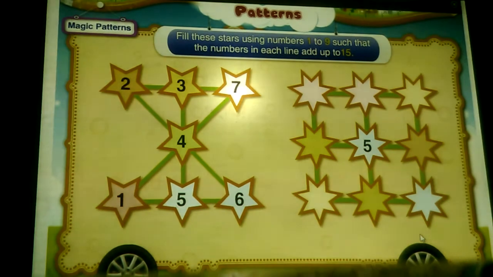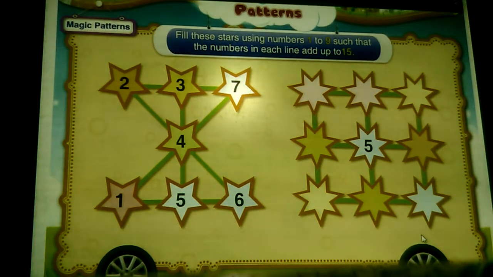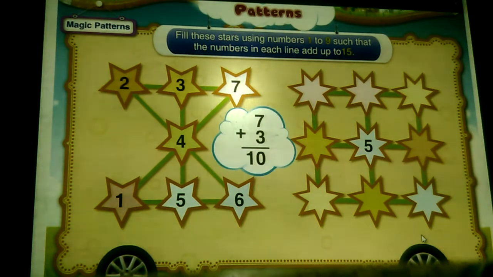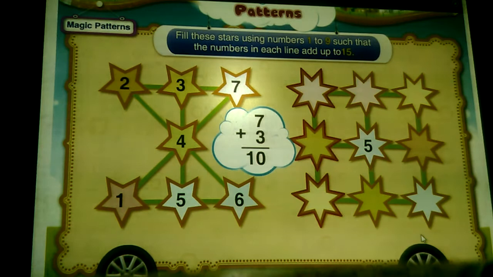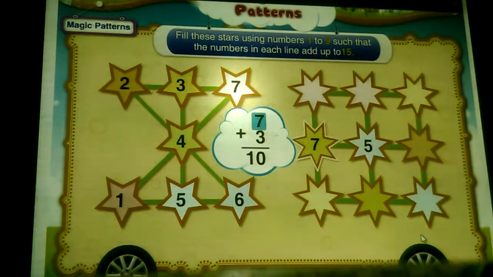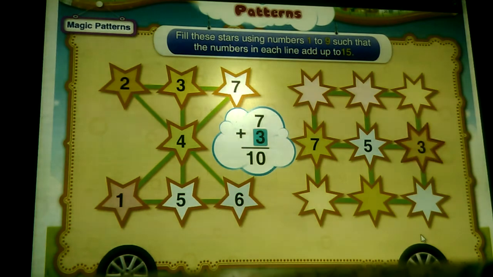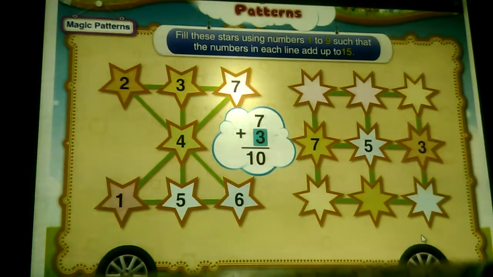Now we need the sum of the remaining two numbers to be 10. The sum of 7 and 3 is 10. So we will write 7 in the second box of the first column and 3 in the second box of the last column.